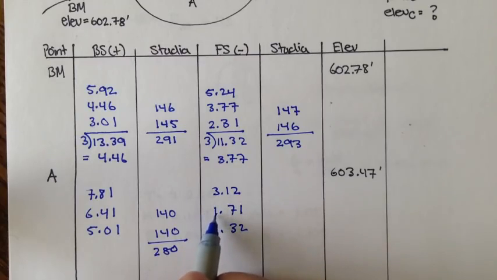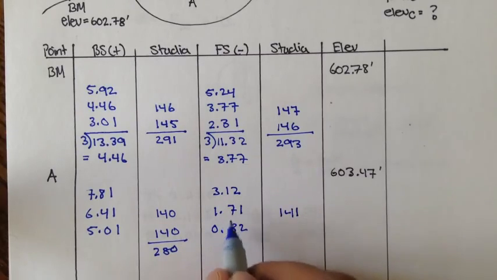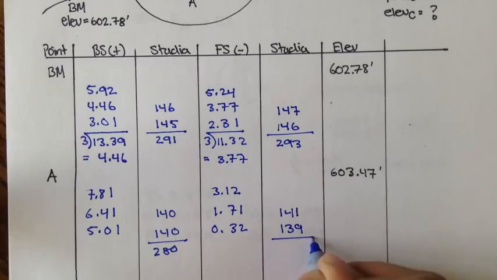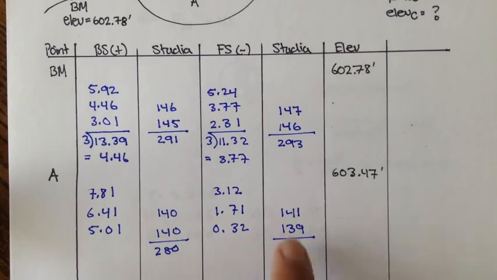Top minus middle times 100 is 141. Middle minus bottom times 100 is 139. You add these together, you actually get 280. In this case, our horizontal distances are exactly the same. That's even better. Here, our stadia is off by a little bit, but not by much, so we can assume that it's okay.